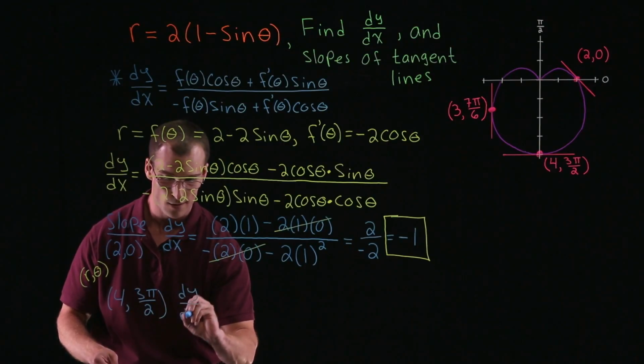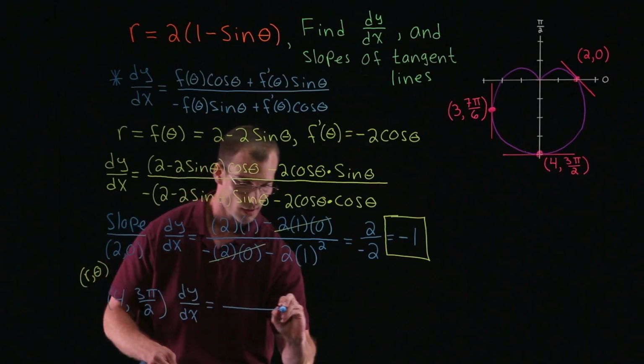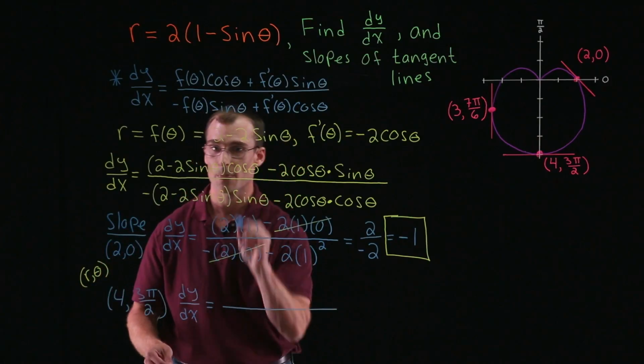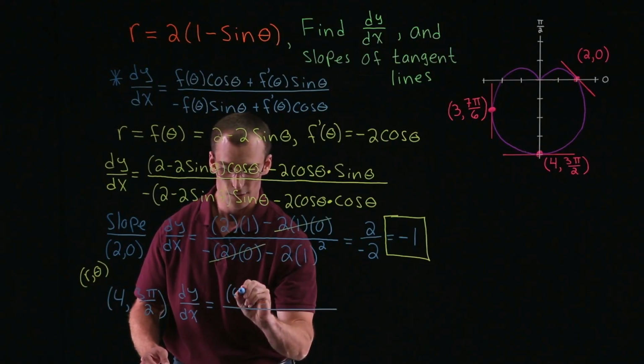So we have dy dx is equal to, and we're going to do the same thing. So 2 minus 2 theta is just whatever r is, and that's 4.